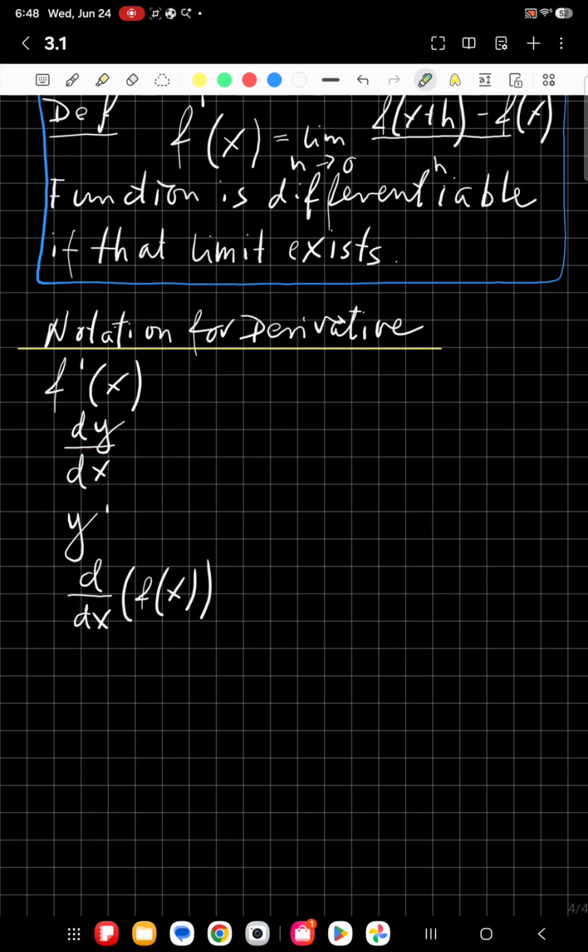And then there's a type of notation used in physics. So x with a dot above it. Okay, so that basically means derivative with respect to time. So dx dt. So derivative with respect to time.